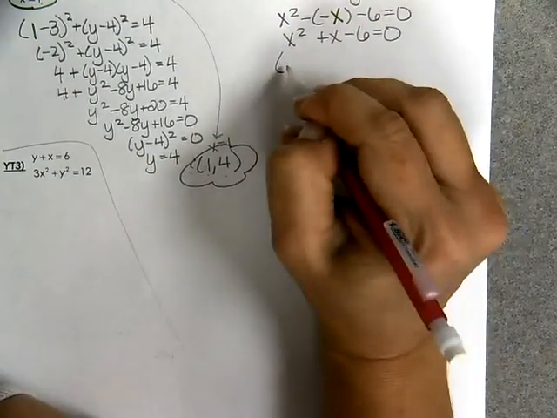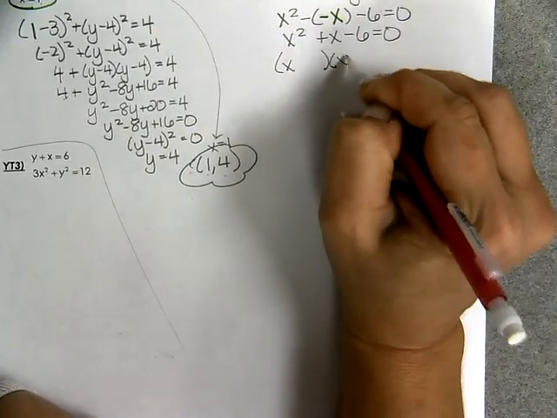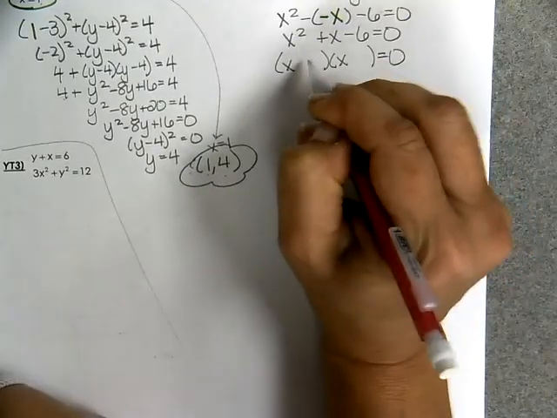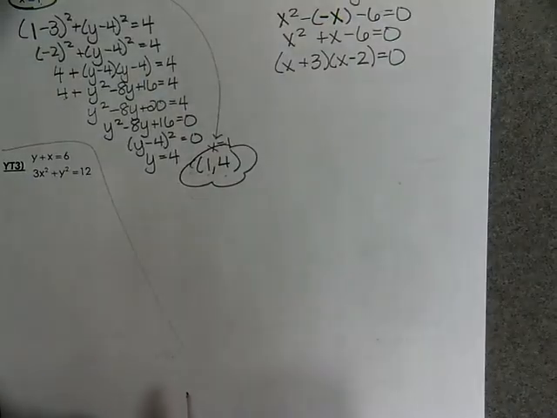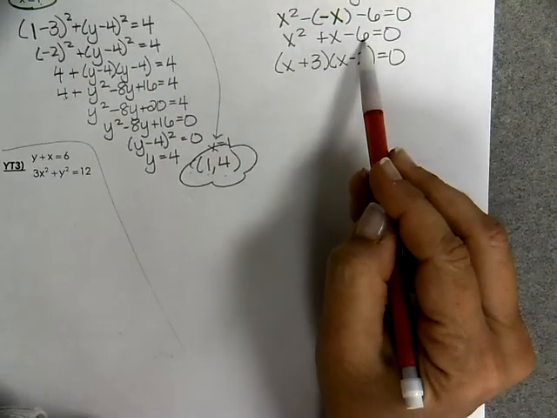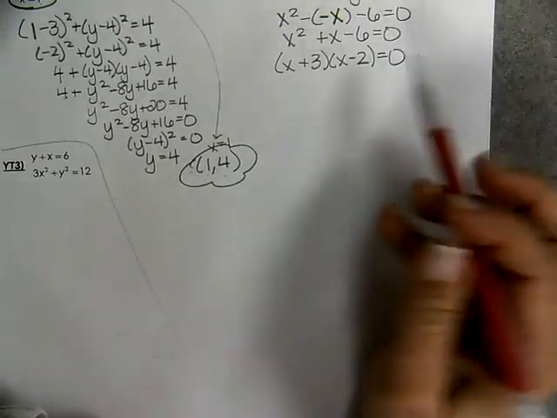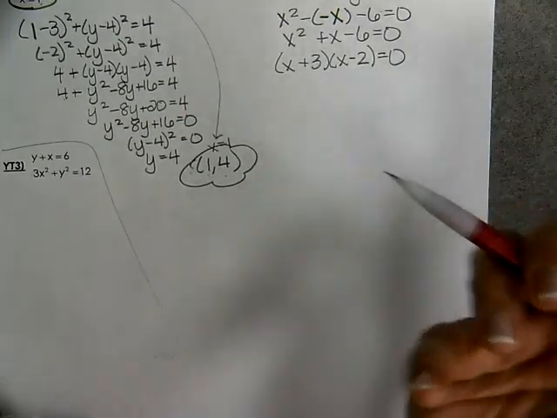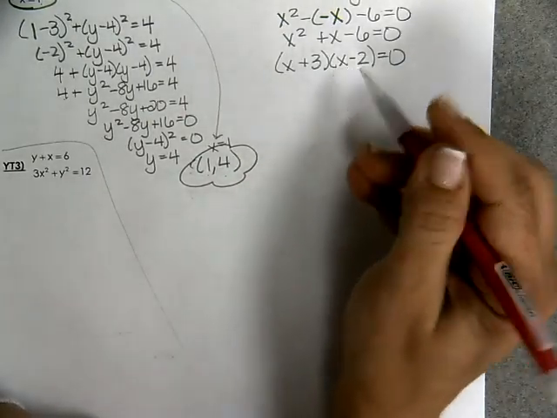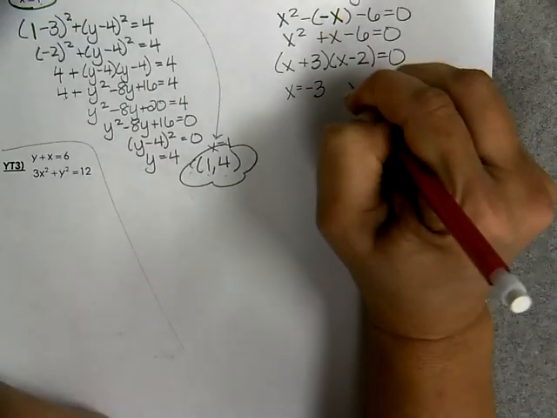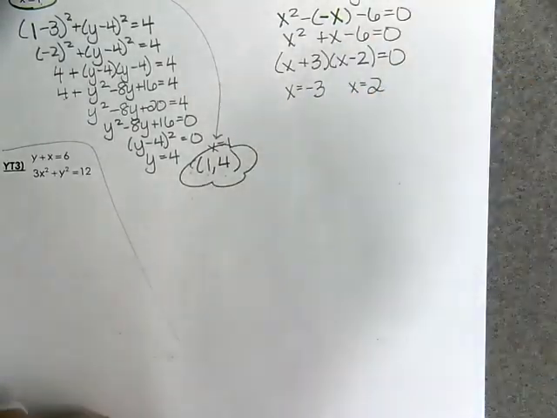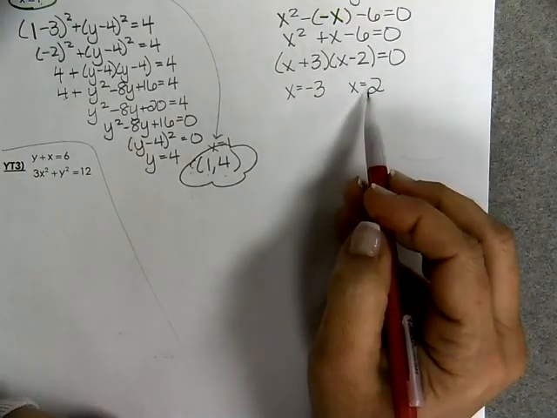This looks factorable. So if I use x plus 3 and x minus 2, I get the last terms that multiply to negative 6. My outer inner gives me x, so that looks good. And so this tells me I'm going to have that x equals negative 3 or x equals 2 as solutions.